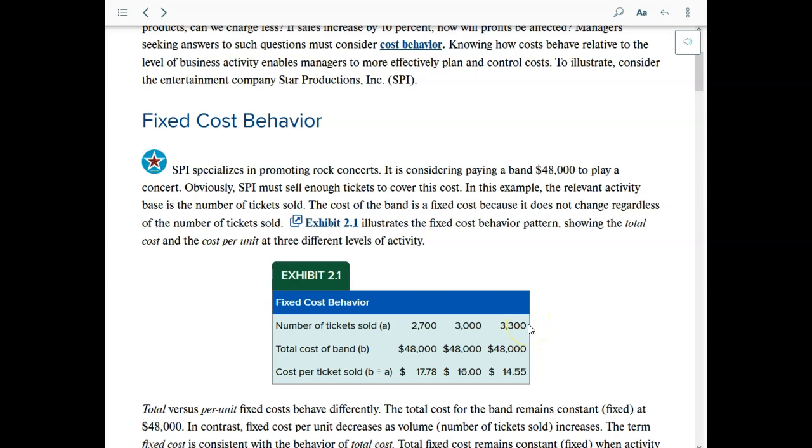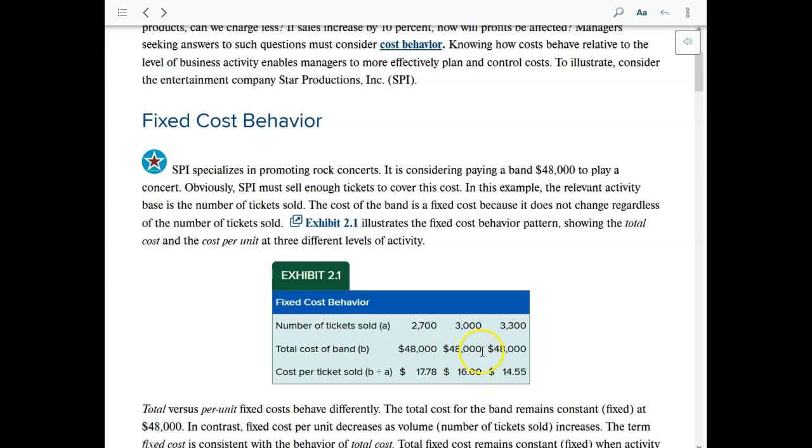Now, one thing that could be confusing is when you compute the fixed cost per unit. Total cost is $48,000, but per unit it will differ, okay? So if you sell only 2,700 tickets, you would divide the 2,700 into $48,000, and the cost would be $17.78 per ticket. Now, at the 3,000 level, since you're going to spread the $48,000 over more tickets, the cost will go down per unit.